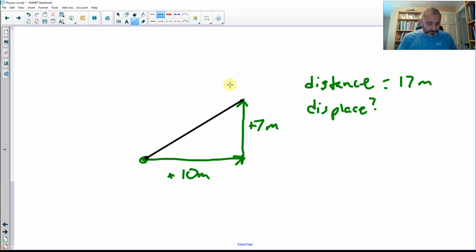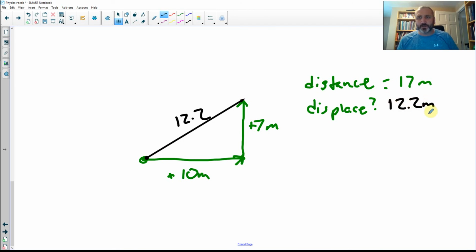I would use the Pythagorean theorem. 10 squared plus 7 squared, that's going to be 149, and the square root of 149 is going to be 12.2. So how far did I go in distance? 17 meters. I took 17 meters worth of steps. But from start to finish, I displaced myself 12.2 meters, and we would usually put an angle, theta, degrees there, to tell us in which direction we displaced ourselves.